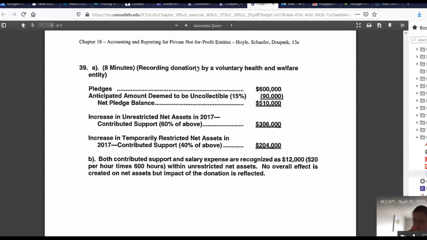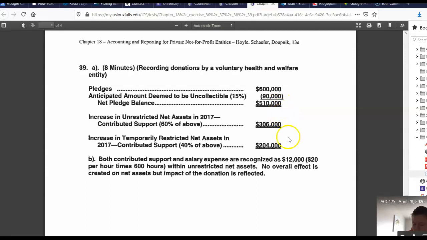Okay, 15% out of the gate they're never going to collect. So the question is, how much should Wilson report as contribution revenue? Right here, 510. Their 600,000 was pledged, but they're going to actually collect 510.